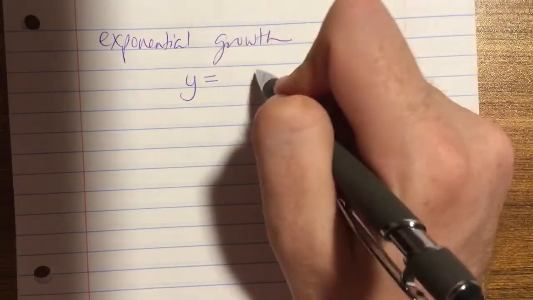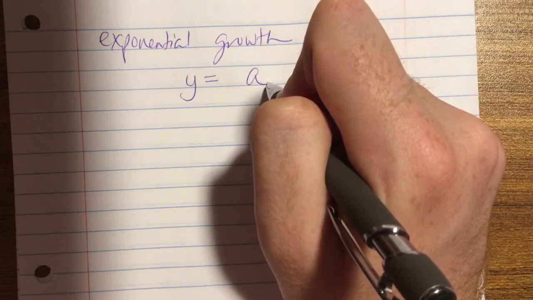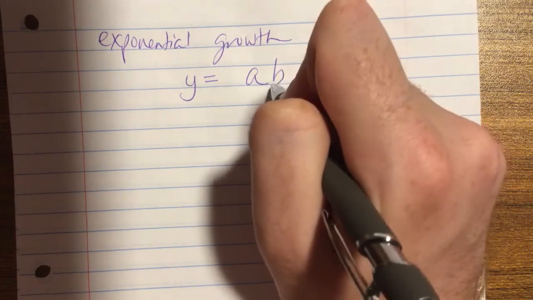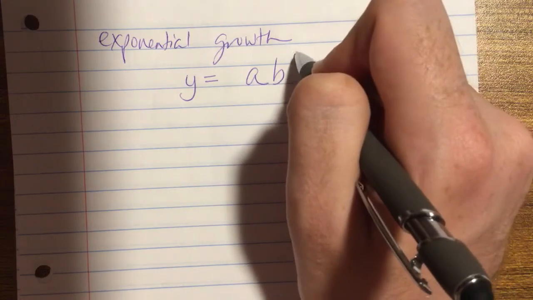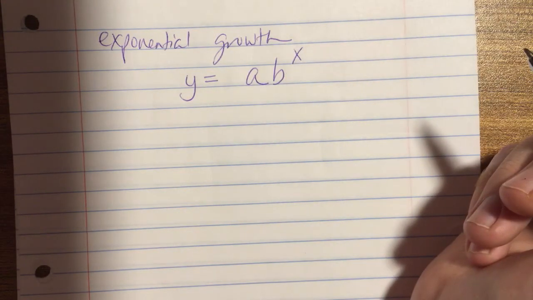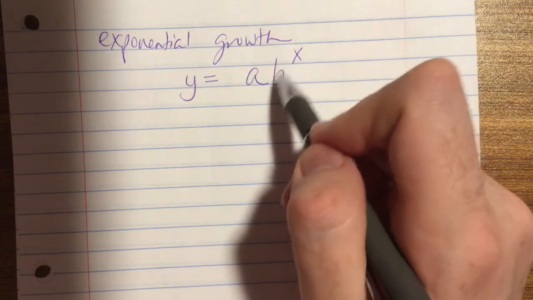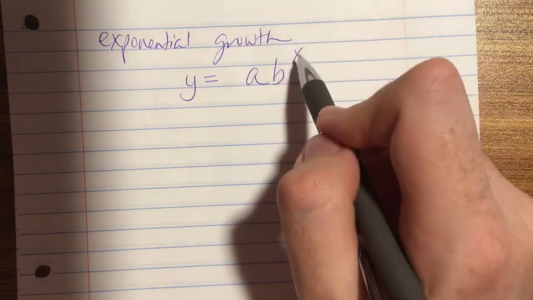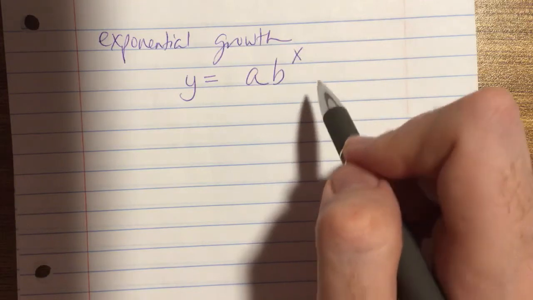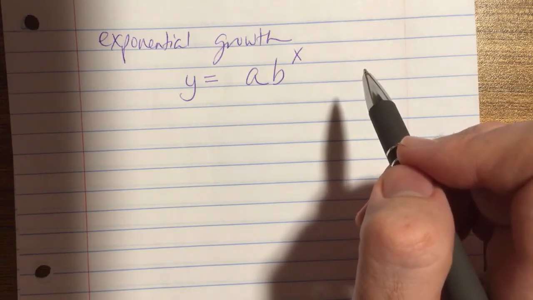With exponential growth, you're going to have an output y, and it's going to be equal to a, which would be the initial amount that you start with, times b to the x power. A would be the initial amount you start with, b would be the base that we're working with, and then x would be the power. And many times x represents the timing.